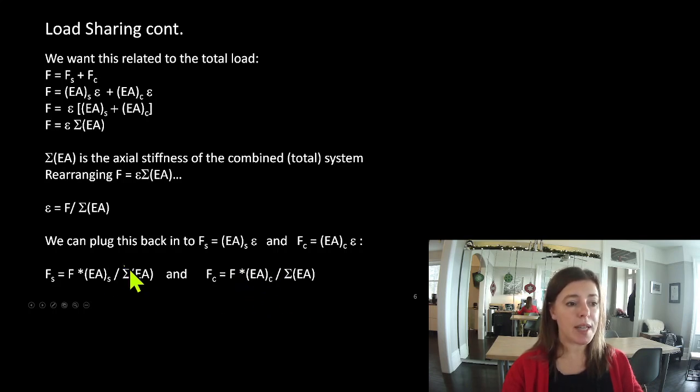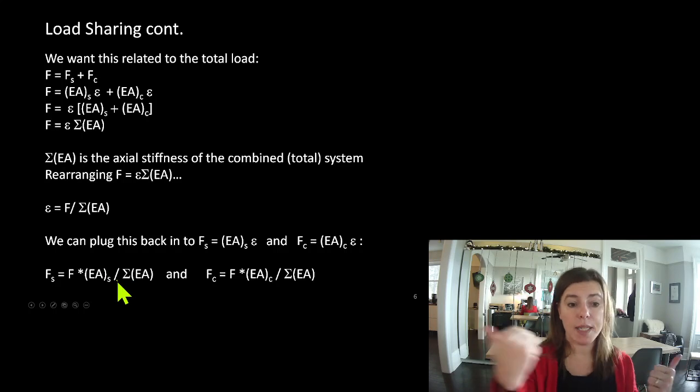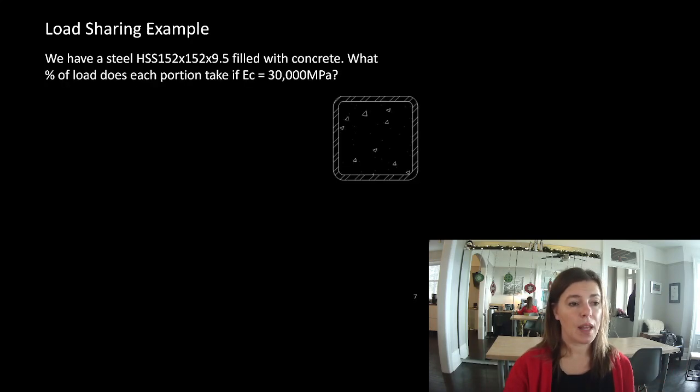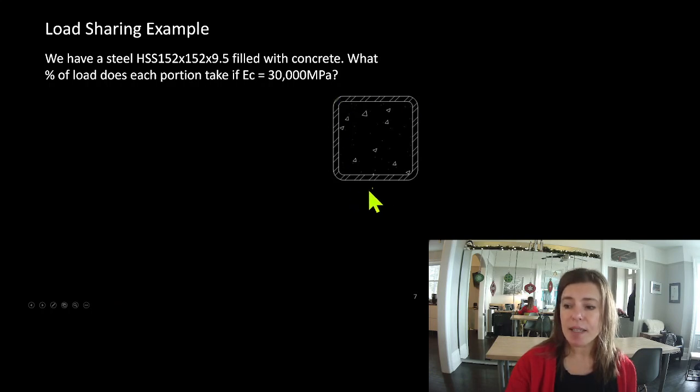So these are the percentages of load that go to each component. I know, that's a pain in the butt. Why don't we do an example? So we'll break one down and take a look at this steel HSS filled up with concrete.